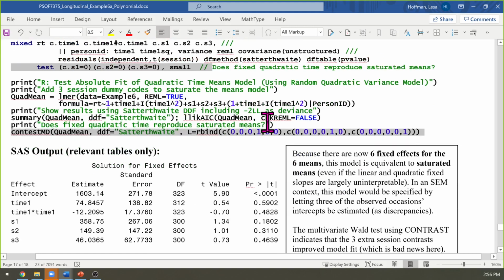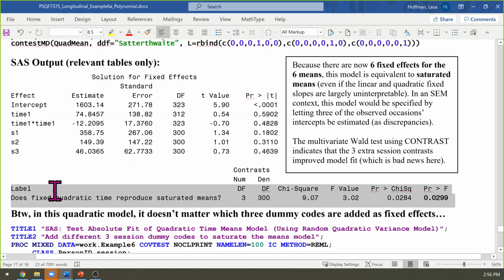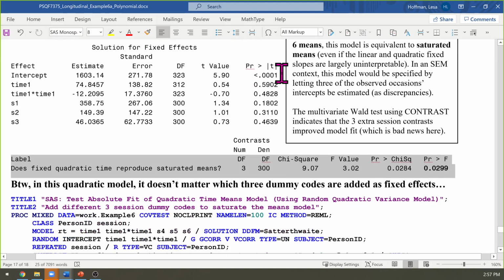And here's what I found. Womp womp. That's a technical term. So a significant p-value in this case is bad. This is very much analogous to why a significant p-value is bad in structural equation modeling. It means your model doesn't fit.